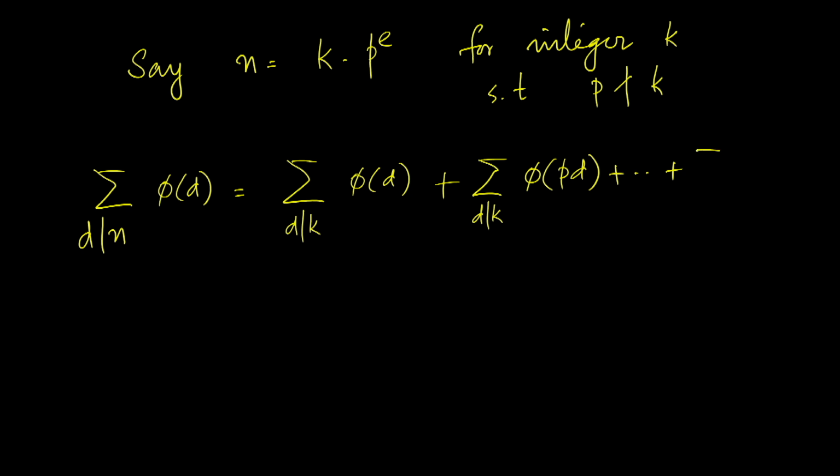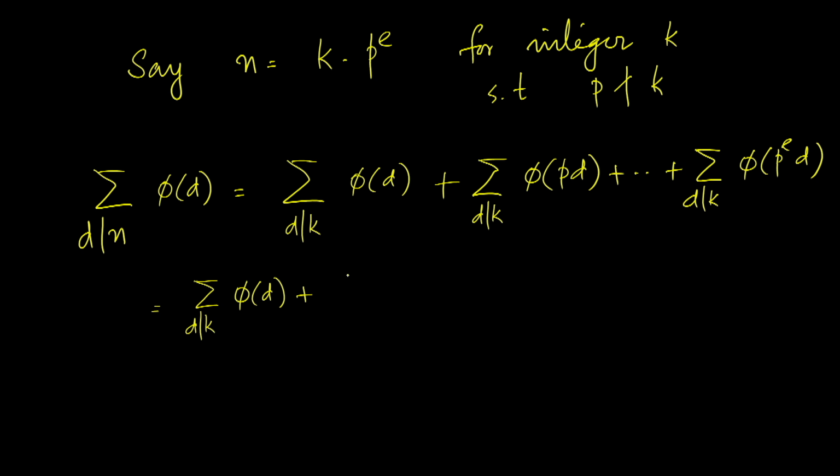Continuing like this, if you sum in this fashion, we would exhaust all divisors of n. So, all these sums are over divisors of k. But then since d and p are relatively prime to each other, this can be written in this fashion.